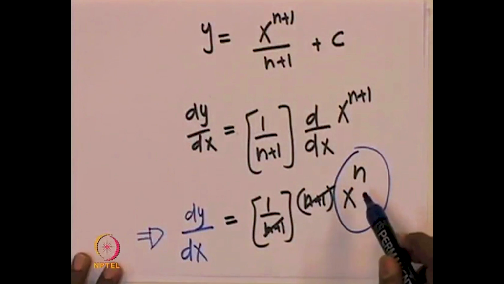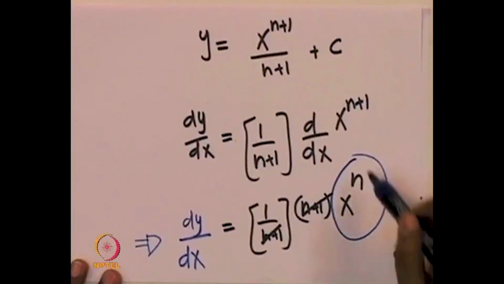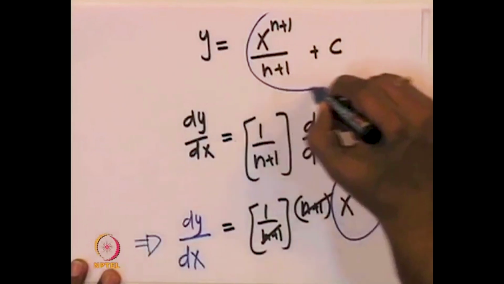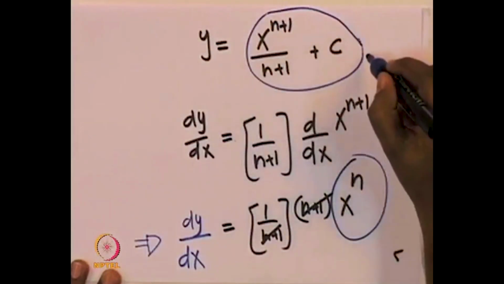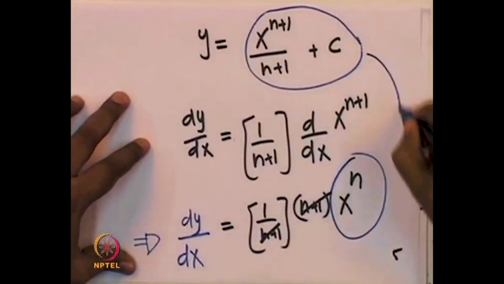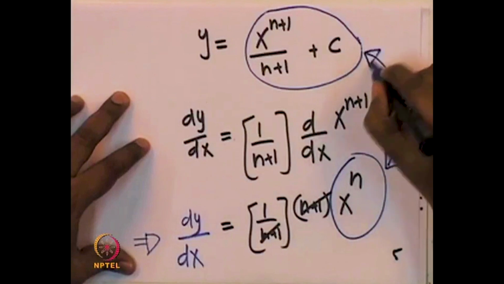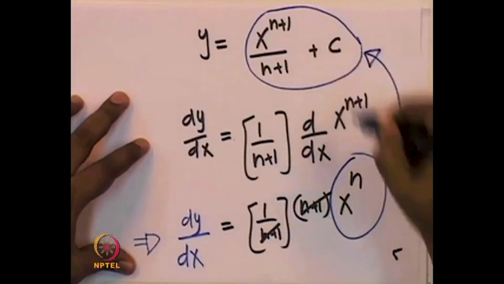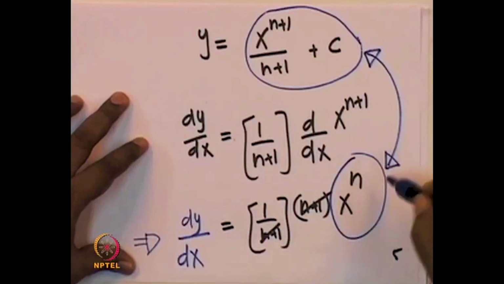In other words, if you have x power n as the derivative, the integral of that is this. So these two are connected; they are complementary. The integral of this is this, and the derivative of this is this.